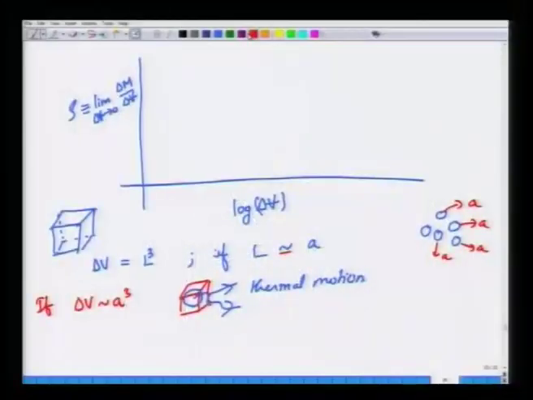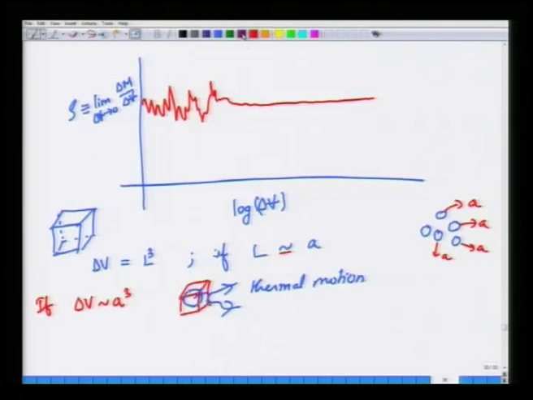So, initially, when the volume is very small, you will find that the density fluctuates a lot, but eventually you will find that the density settles down. Typically this is of the order of 10 to the minus 9 millimeter cube.